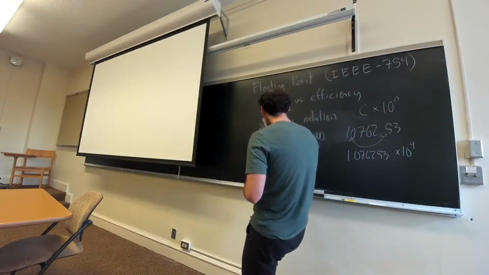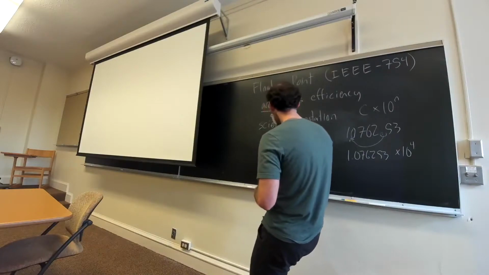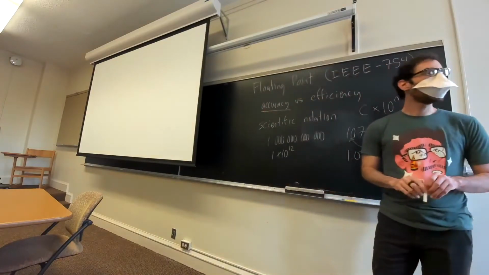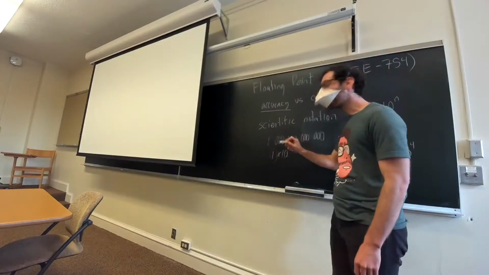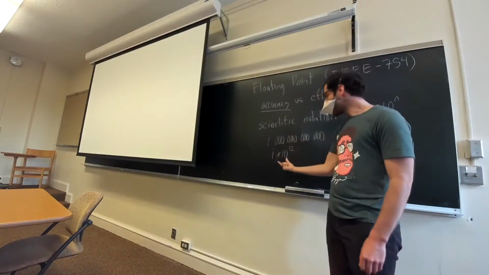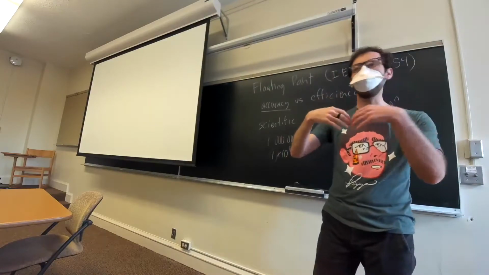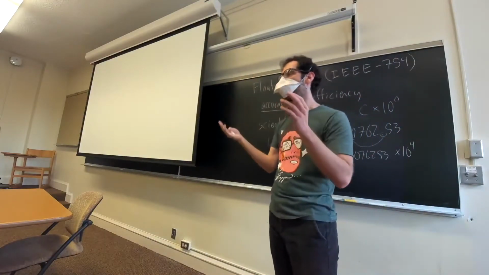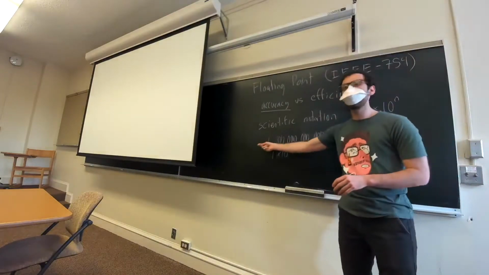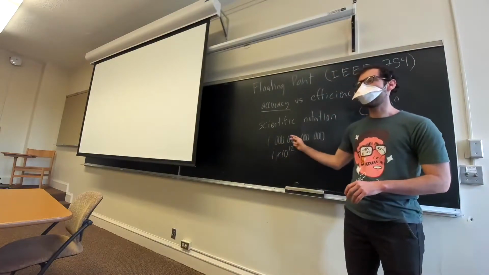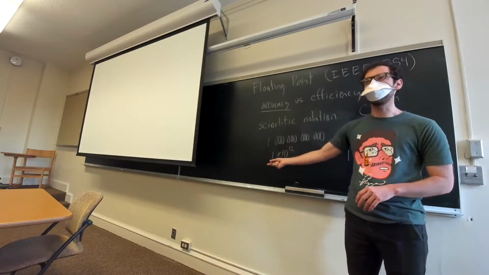But if I say 1 times 10 to the 12th, now in some sense I need to represent the number 1 and the number 12, and this times 10 can be implied by the representation. And so I can take, as Lev said, an enormous number and turn it into something that deals with much smaller quantities.